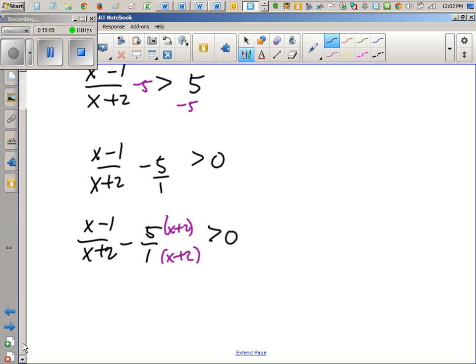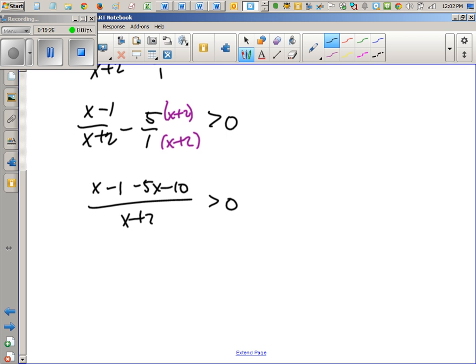See? After it's collapsed, I'll be able to draw that number line. Okay, so my numerator is x minus 1 minus 5x minus 10, over x plus 2. So it's actually negative 4x minus 11 over x plus 2 is greater than 0. Now I can clearly see what my critically important numbers are here.